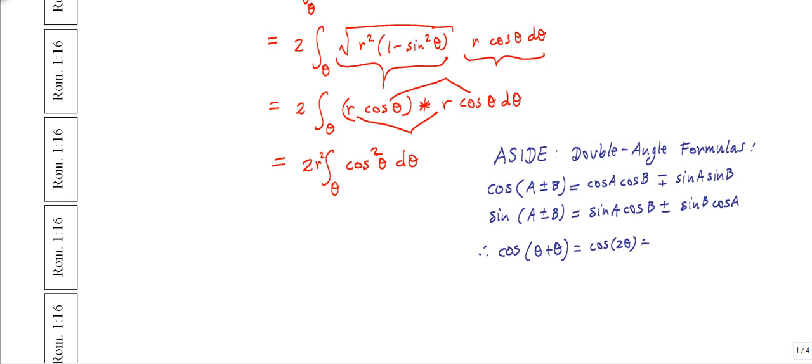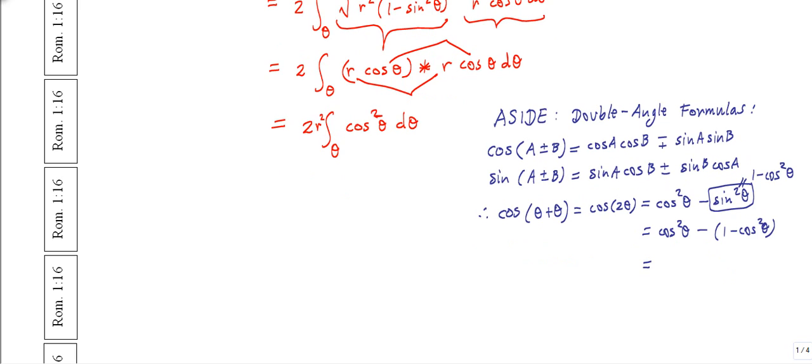is equal to, as per the formula up above, cos theta times cos theta minus, because you flip the sign, it's plus here, so you get a minus sine theta times sine theta, so you're really getting cos squared theta minus sine squared theta. And once again we will sub in for this 1 minus cos squared theta, so I'm going to find that this is cos squared theta minus 1 minus cos squared theta.